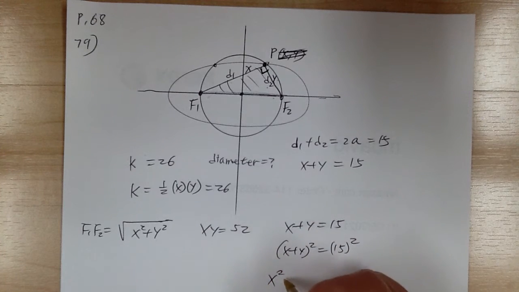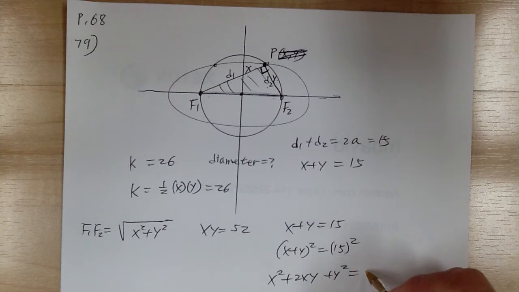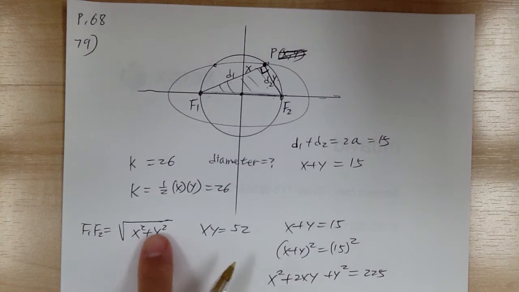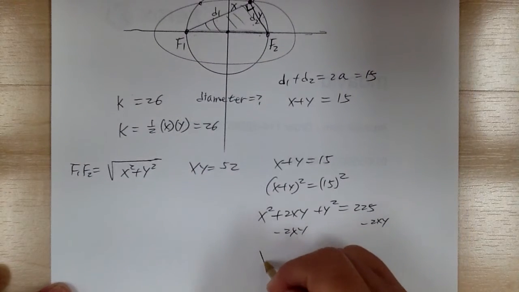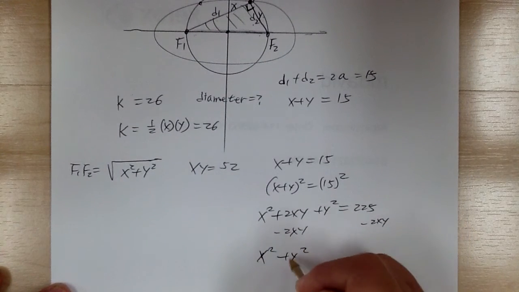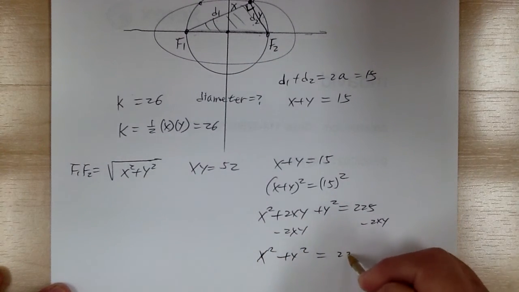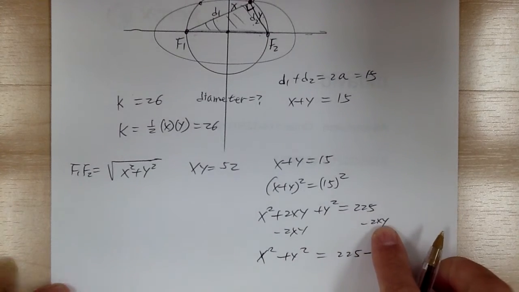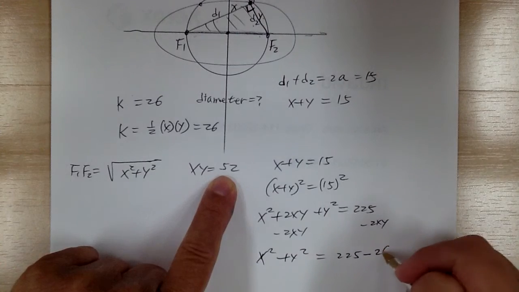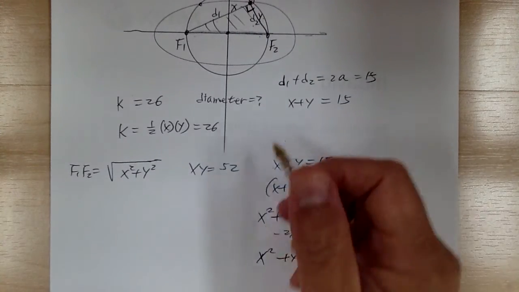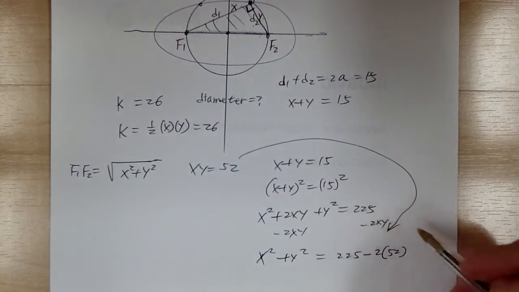So you get x squared plus 2xy plus y squared equal to 225. Because we're looking for x squared plus y squared, we subtract the 2xy. So x squared plus y squared equals 225 minus 2xy, but we know xy is 52, so it's minus 2 times 52.